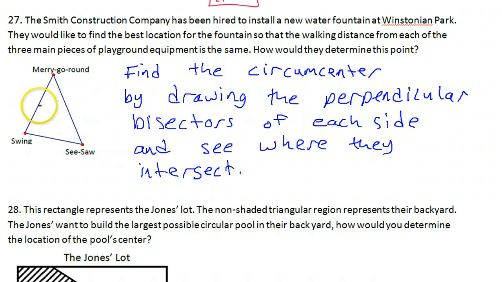Okay, if we draw the perpendicular bisectors of each side, they should meet at the circumcenter, which will be equidistant from the vertices.